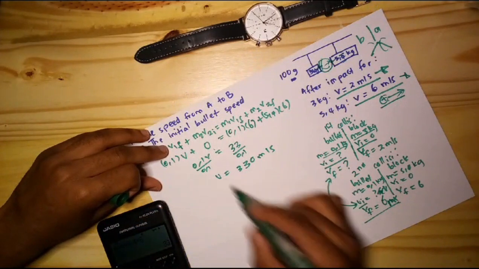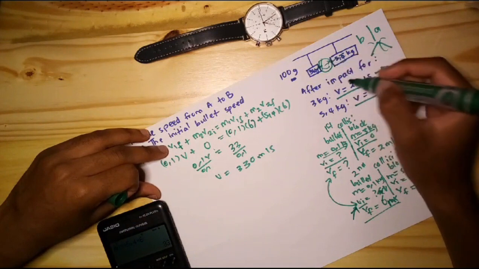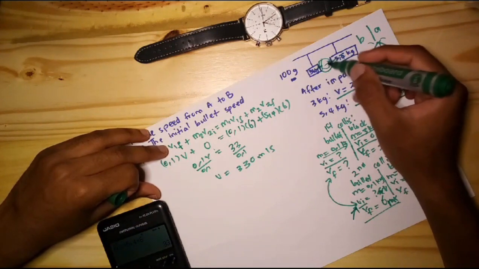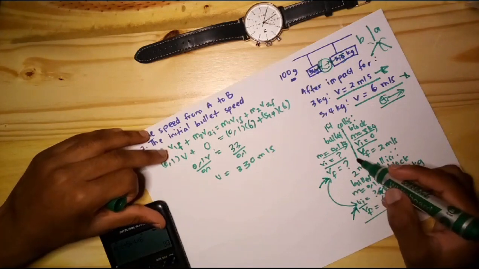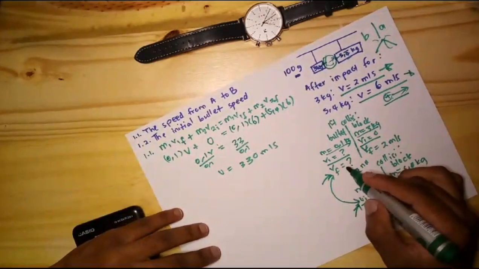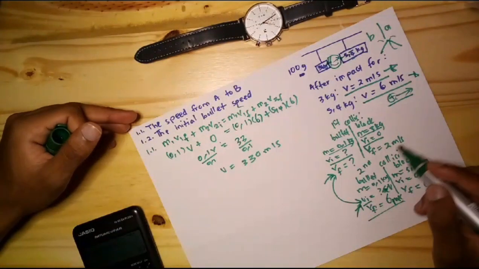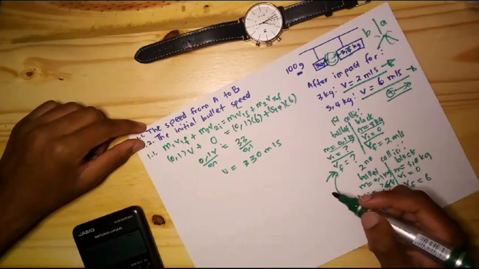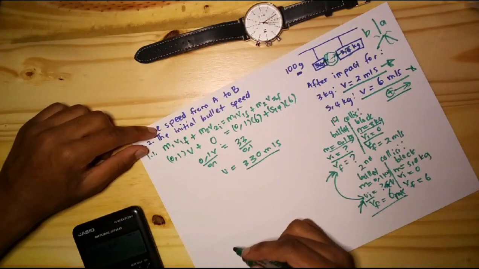So if you found this, the initial velocity for this point, that means that you also found this, right? So it's therefore quite easy for you to be able to find the answer to the second one, because all you have to do is just come and insert this into the question and henceforth find your answers.